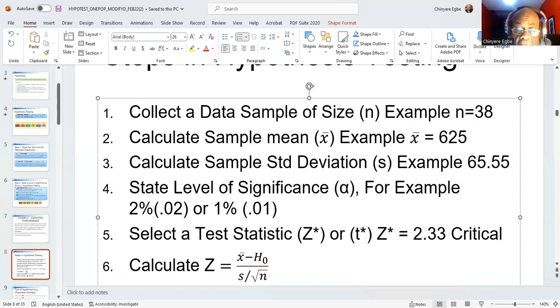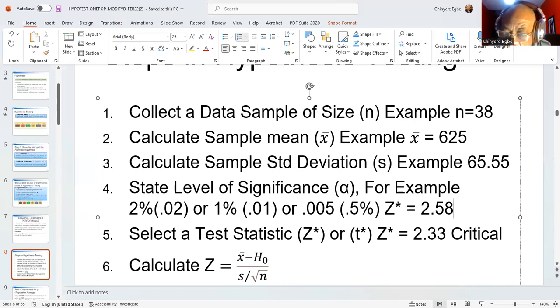Suppose you take a level of significance, and I'm going to give an example, 0.005 or 0.5%. Your Z star would be 2.58 or 2.57.